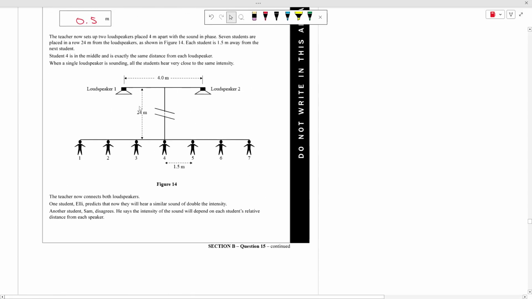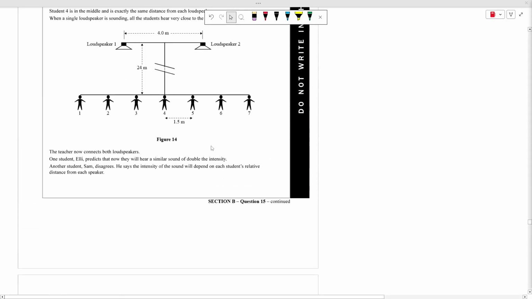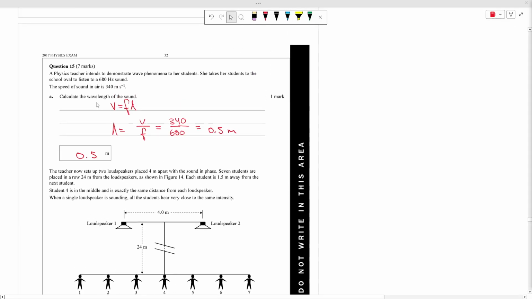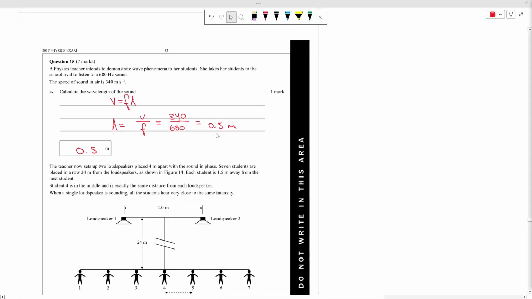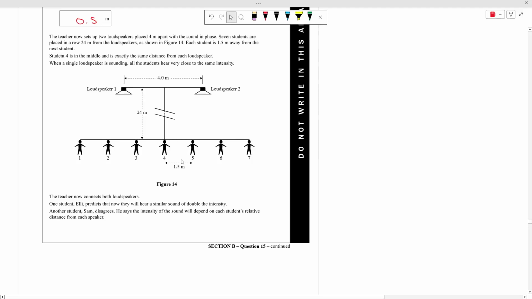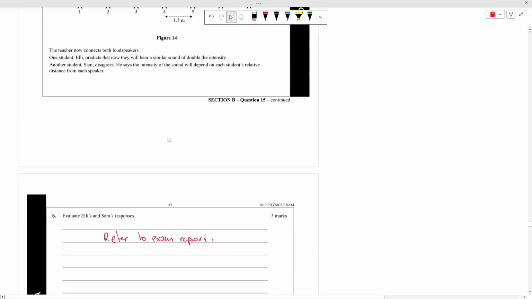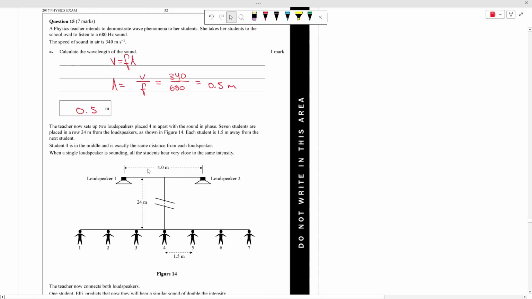Okay, so this delta x is going to tell us the distance between successive nodes or between successive antinodes. And we've got all of this information to be able to work that out. So the wavelength coming from the speakers is what we determined in part A, so 0.5. The distance from the speakers to the line of kids is 24 meters. And the distance between the speakers themselves is 4 meters.